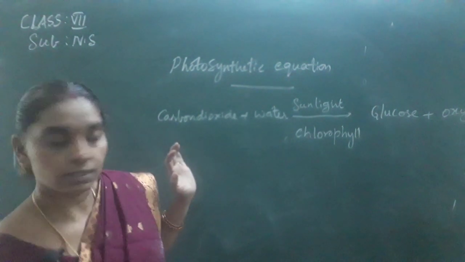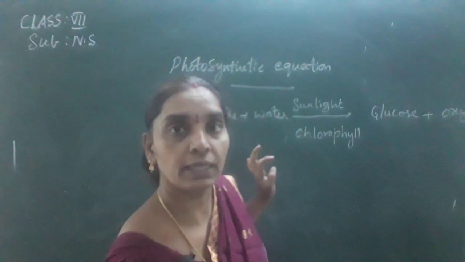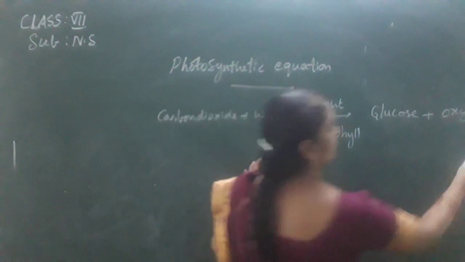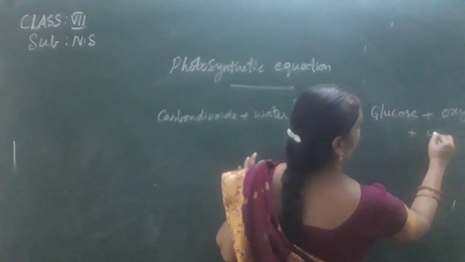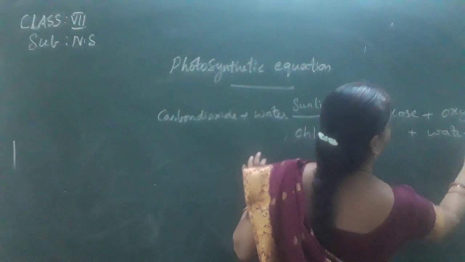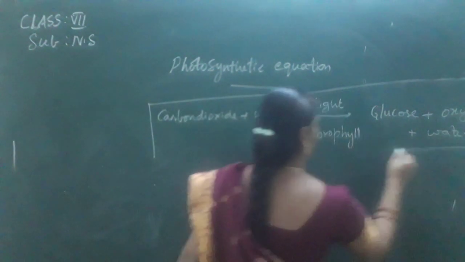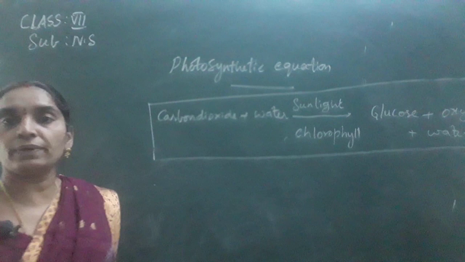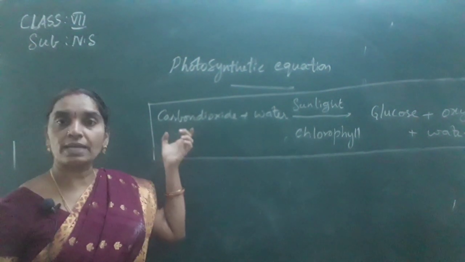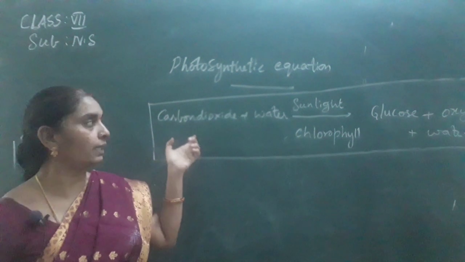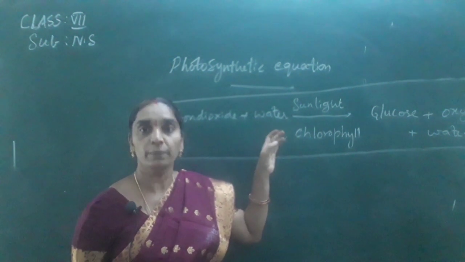Okay, children? Hope you can see this. I am writing again over here so that it can be visible to you clearly. Plus water, oxygen plus water. So, this is the photosynthetic equation. From this equation itself, you can clearly say that plants utilize carbon dioxide from the air and water from the soil, along with the mineral salts.